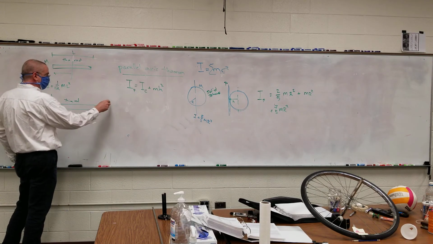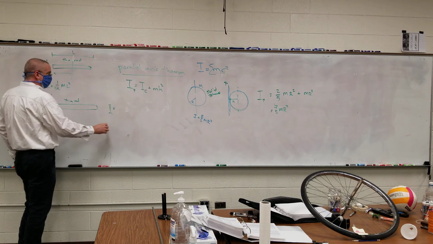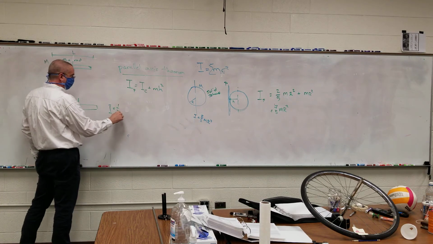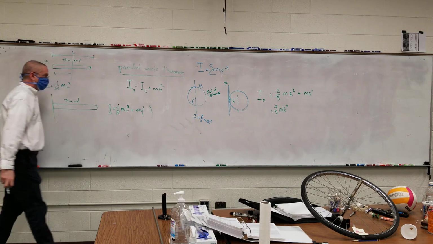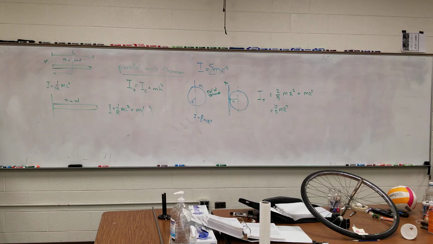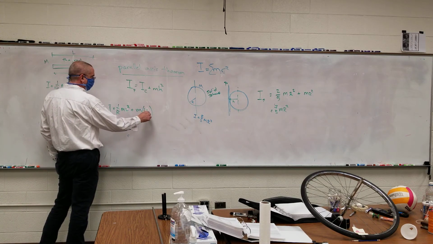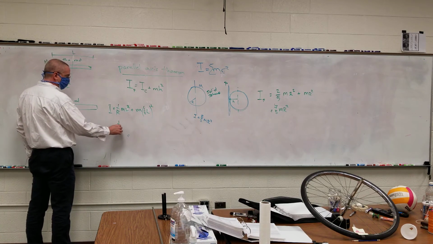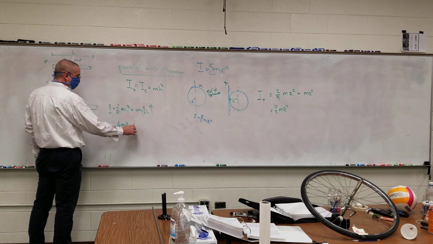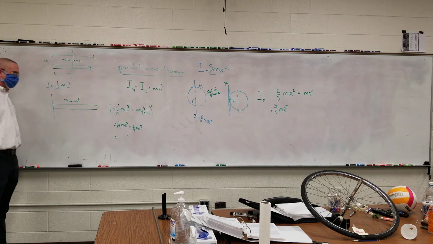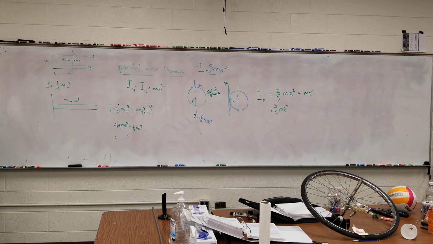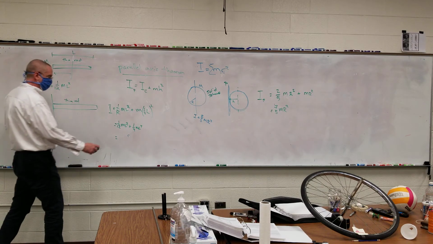So the moment of inertia will be the one about the center, the 1/12 ml squared, plus m times, well, how far did I move my axis? Half of L. So this becomes 1/12 ml squared plus 1/4 ml squared. And 1/12 plus 1/4 is 1/3.